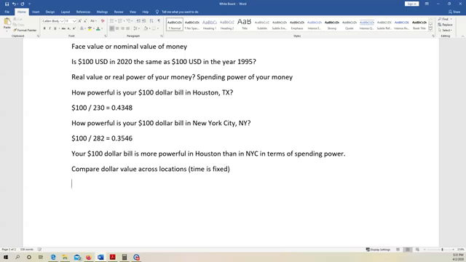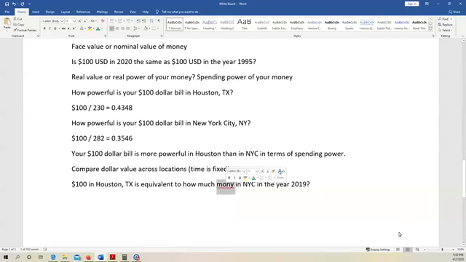Okay, so this question is, for example, 100 US dollars in Houston, Texas is equivalent to how much money in New York City in the year 2019, right? So making 100 US dollars in Houston, Texas is equivalent to making how much money? Sorry, there's a typo here. In New York City in the year 2019.